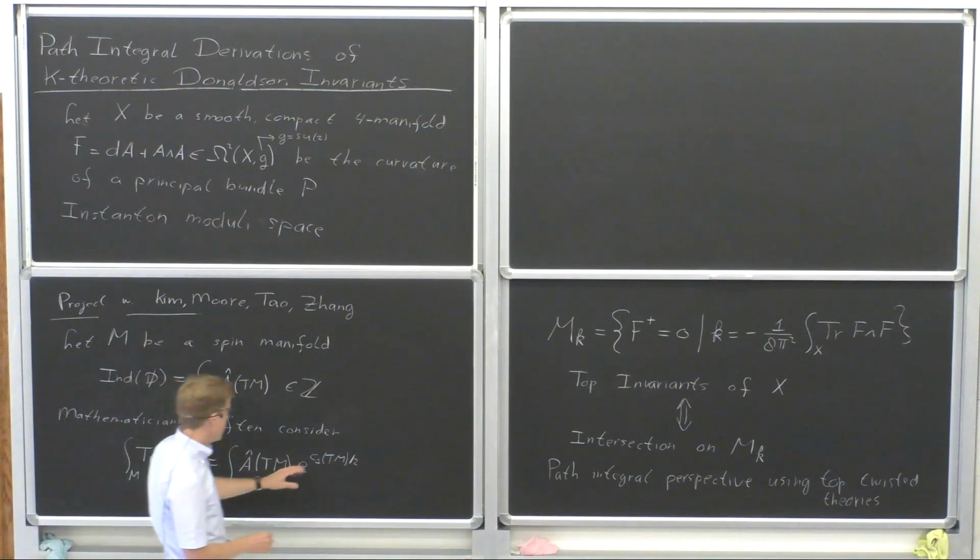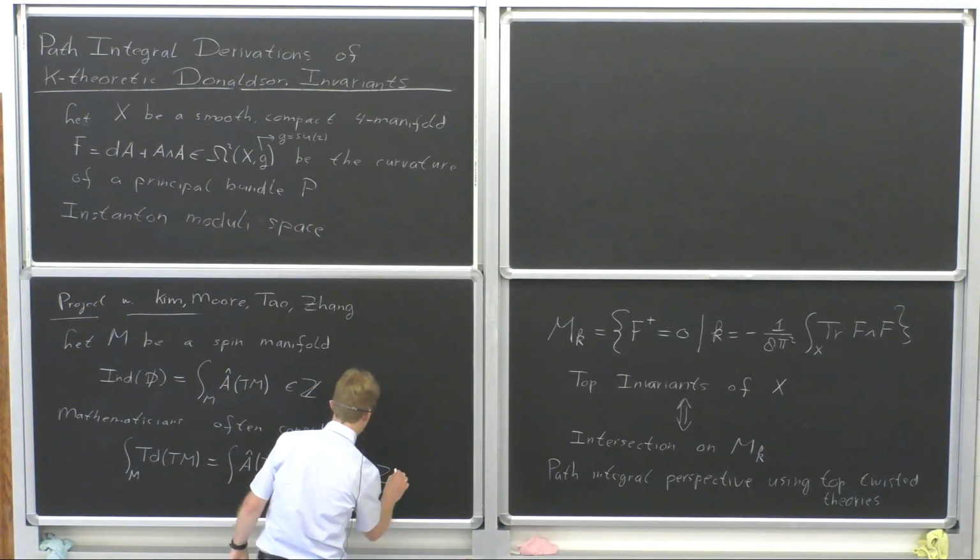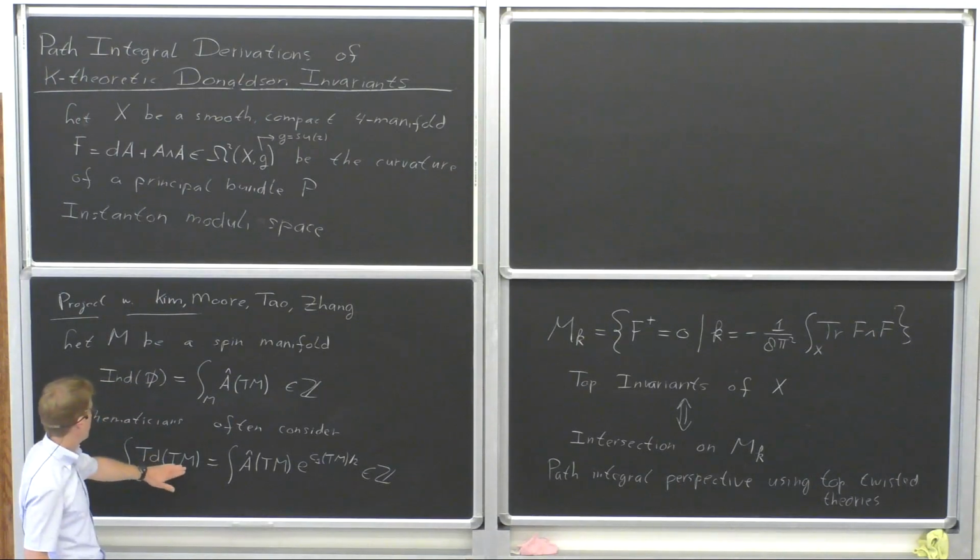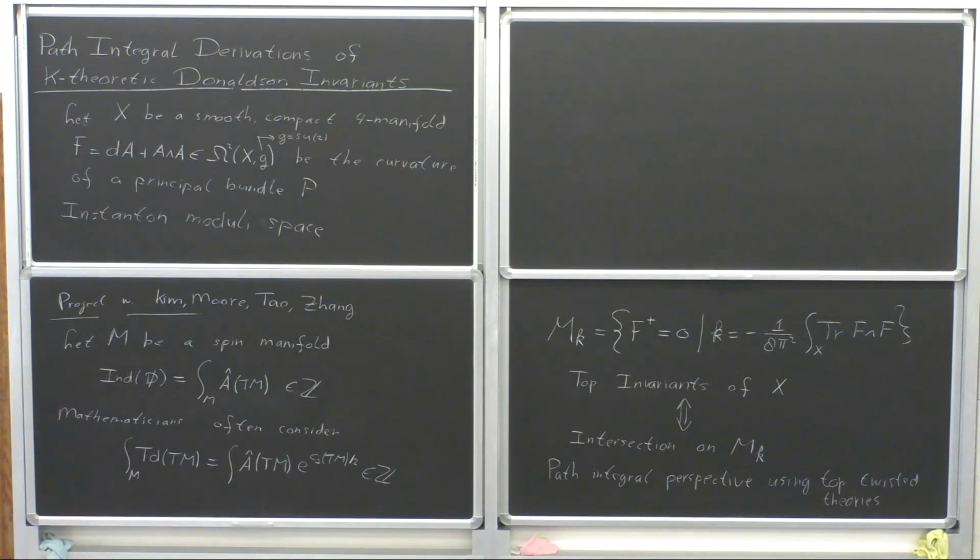Okay, and this is always an integer, also if M is not necessarily spin, and it is a so-called holomorphic Euler characteristic of the manifold.